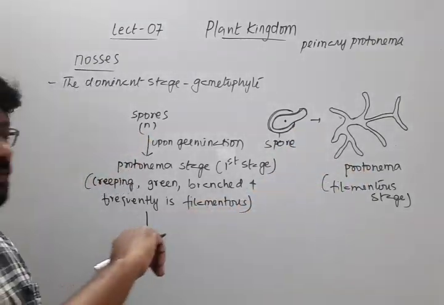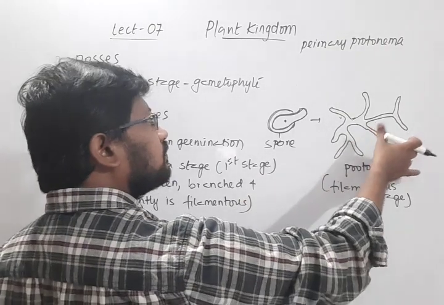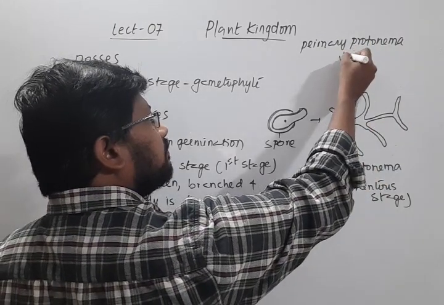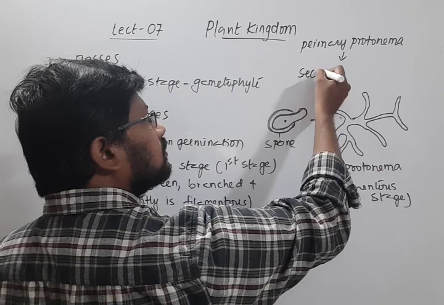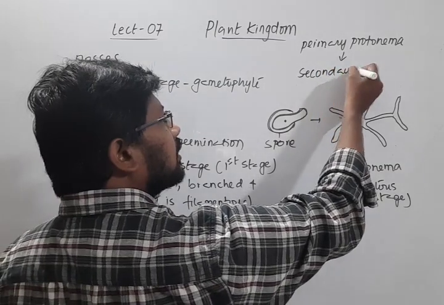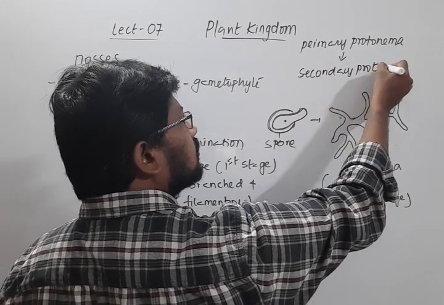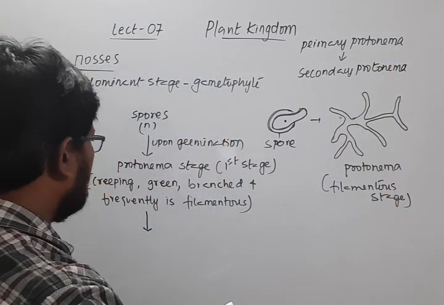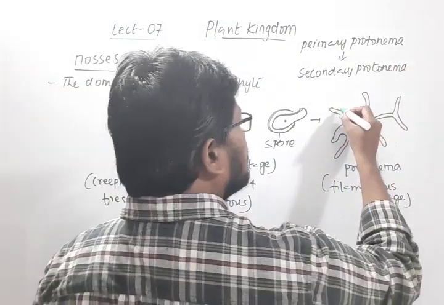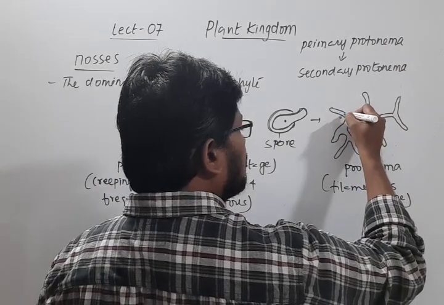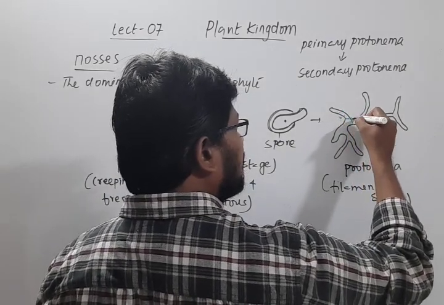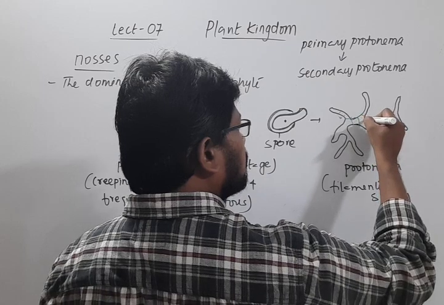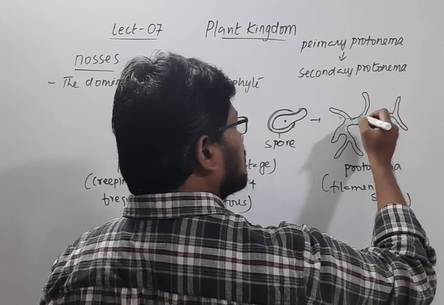It grows for a period of time, and then it gives rise to the secondary protonema. This will be green in color and will perform the process of photosynthesis.